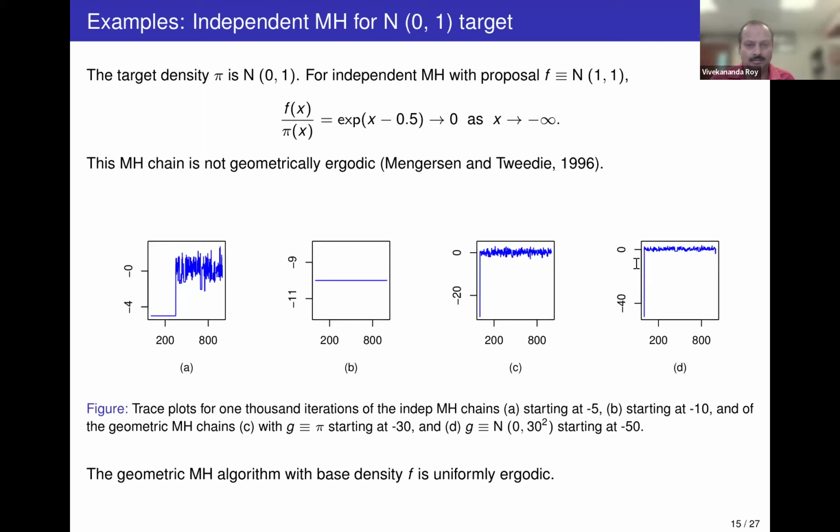You can see when I start at -5, it moves to the modal region. But when I start at -10, this chain doesn't move at all. This is a known problem with the independent Metropolis sampler, that it can have very high rejection. It might fail to move. It's very sensitive to the starting value.